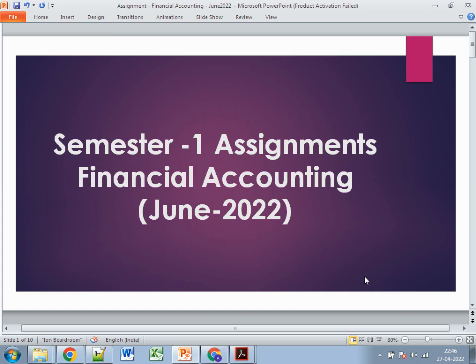Financial accounting is more or less a numerical subject, so many students come to me and say, sir, we are getting a very high plagiarism percentage in financial accounting. Yes, it can be more than 20%, because in financial accounting the formulas remain the same, and the definitions of asset and liability remain the same.